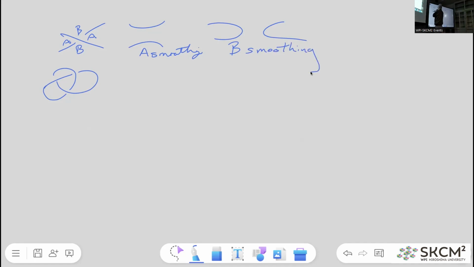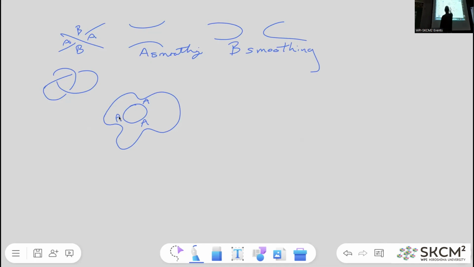And if I take the all-A smoothing of the trefoil knot, then I'm going to get this guy. And then I can continue looking at all of the states of the trefoil knot by saying, okay, I'm going to look at the first one and I'm going to smooth it to a B. Or I'm going to take the second one and I'll smooth it to a B, or the third one and I'll smooth it to a B.